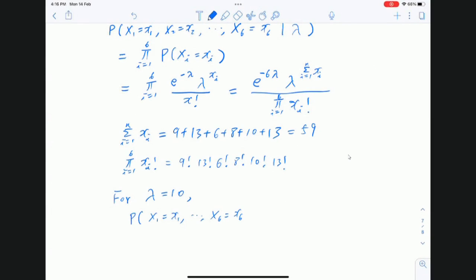To indicate that this is a number depending on lambda equal to 10, it will be equal to e to the power minus 6 times 10, times 10 raised to the power 59 because the sum of the sample is equal to 59. And then divided by this product of the factorials.